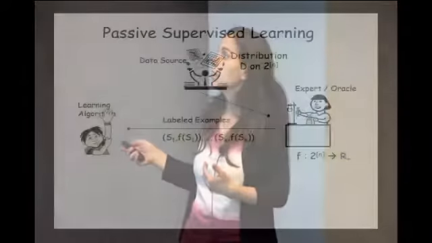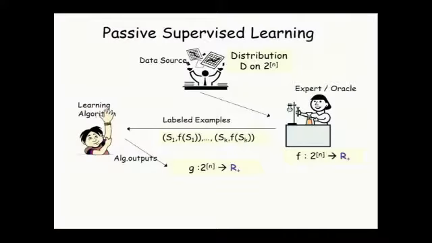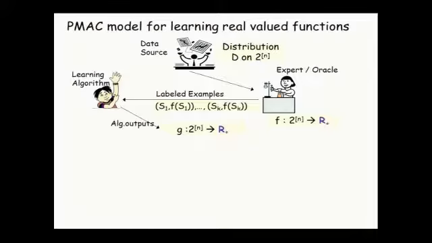These examples then get labeled according to some target function, say the valuation function of a customer. These labeled examples are then input to a learning algorithm, which produces a hypothesis function. And what we want is to guarantee that with high probability, the function that we output is close to the target function.